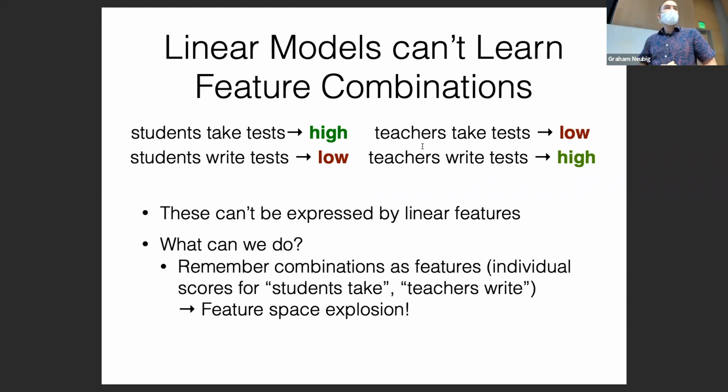The problem with this is now we would have features over every single vocabulary item for every single pair of vocabulary items. So that becomes on the order of vocabulary to the 3rd features. That's a lot of features to save.